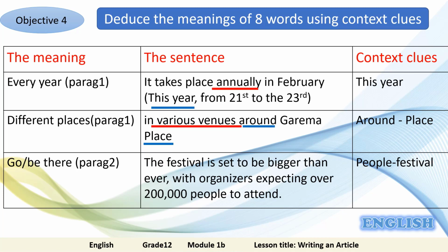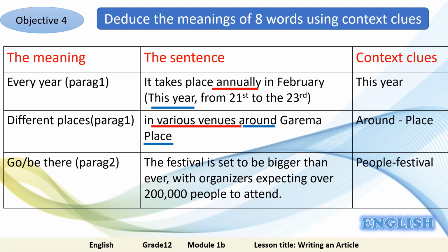Let's move on to the 3rd word. Go or be there. Let's read the sentence together. The festival is set to be bigger than ever, with organizers expecting over 200,000 people to attend. People and festival. Where would people go? To festivals.